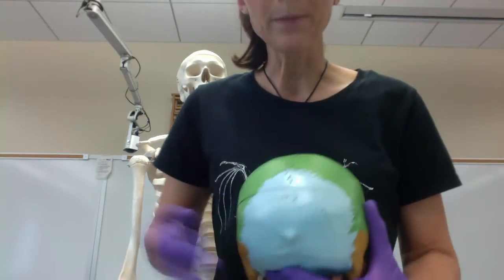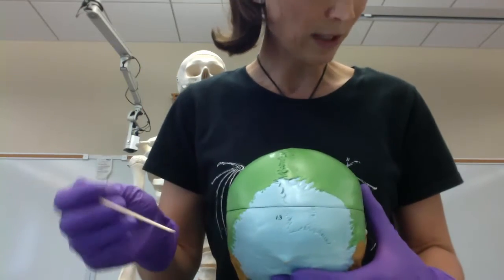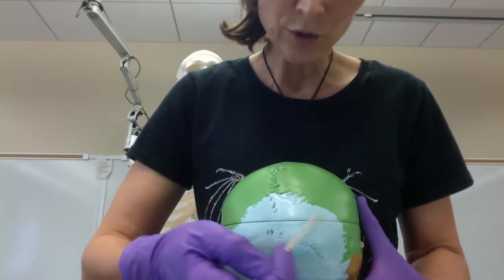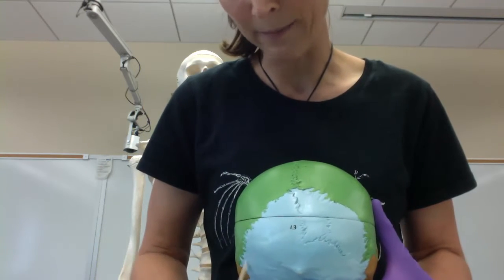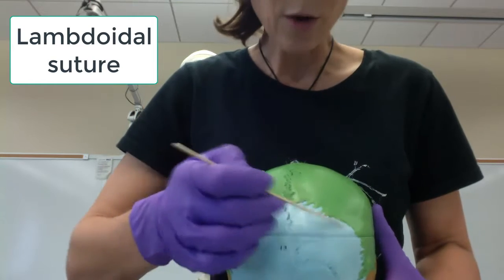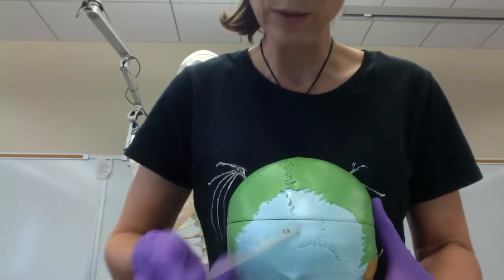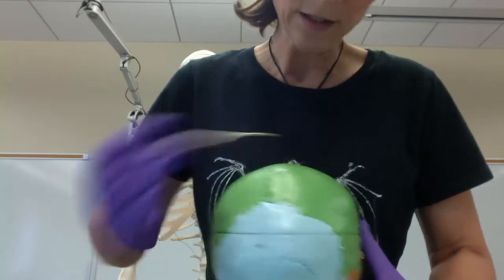The back one, I'm going to help you out with this one because it usually is kind of tricky for a lot of students. The easy way to remember this is that the suture here looks like the Greek lambda. So this suture is called the lambdoidal suture, and it's between the occipital bone and the parietal bones.